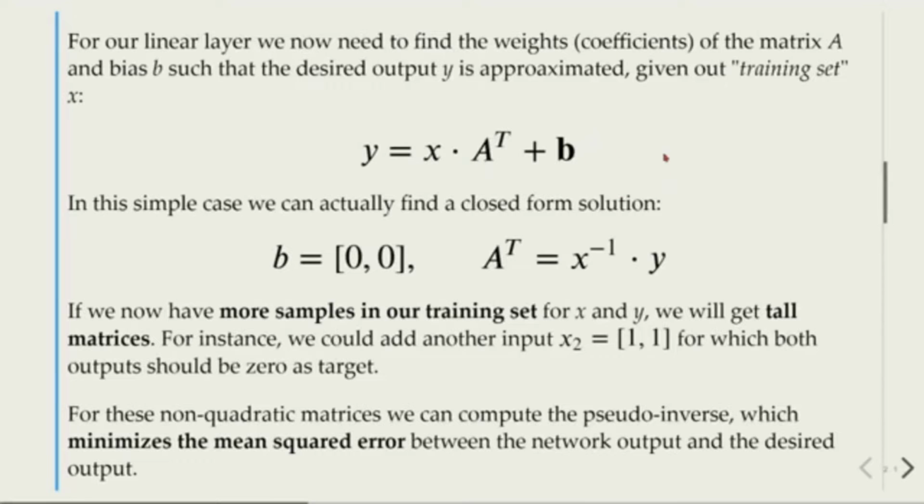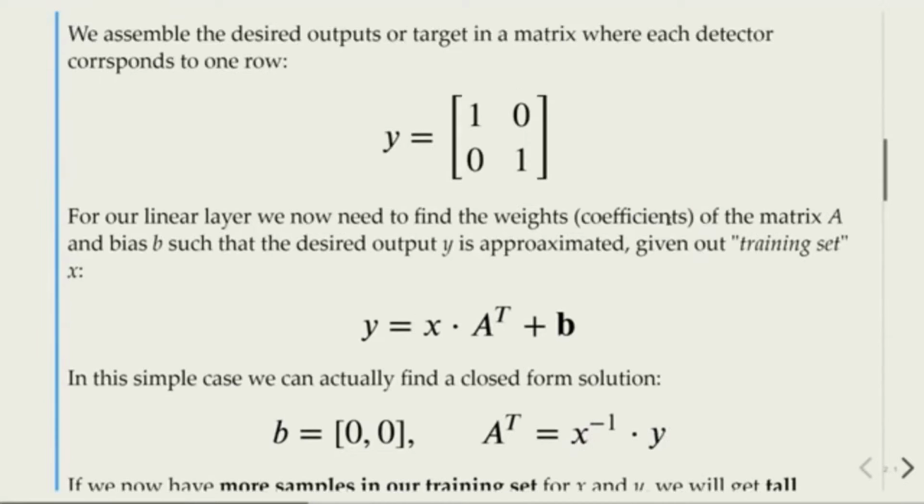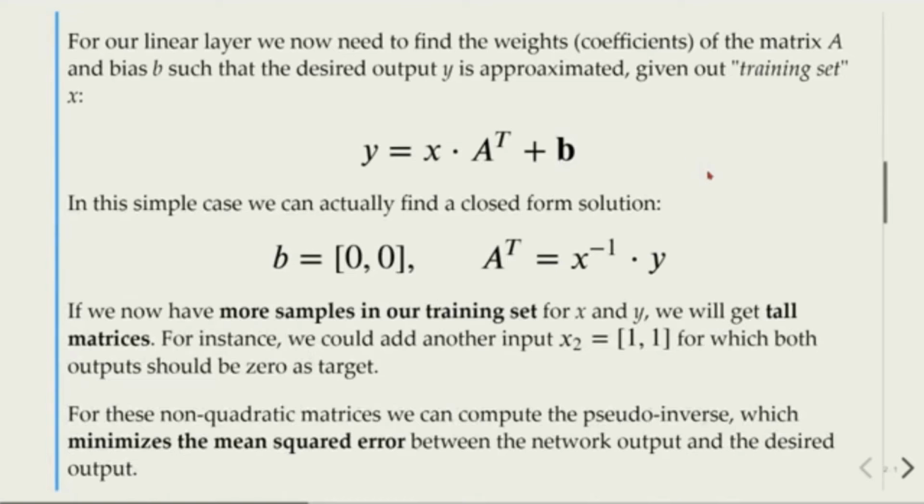B is the bias. In this simple case, we can actually find a closed form solution. If the bias is 0 and 0, and A transpose is the inverted X times Y, then we have a closed form solution for this problem.